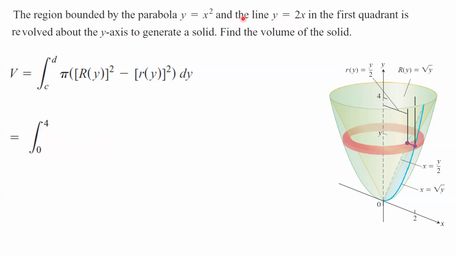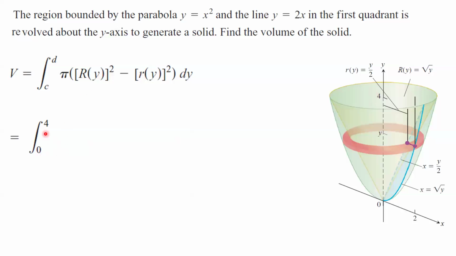If you set 2x and x squared equal to each other and bring 2x to the other side, factor out x, you get x times (x minus 2) equal to 0, and you have one intersection at 2. When x is equal to 2, your y value becomes 4. That's how you know where to stop.